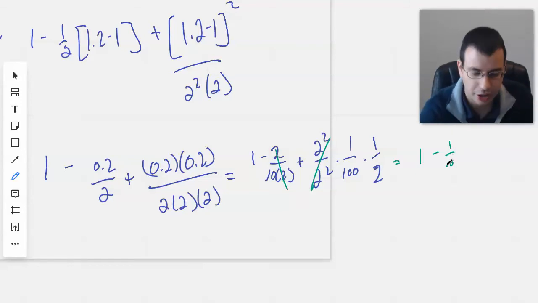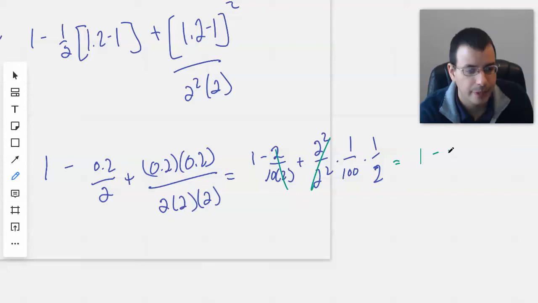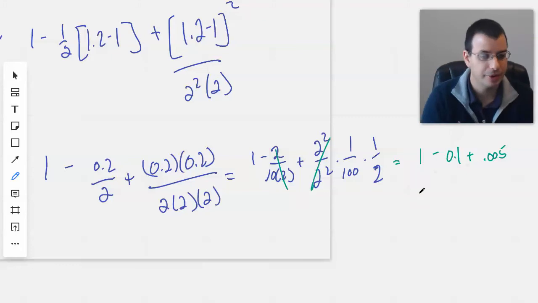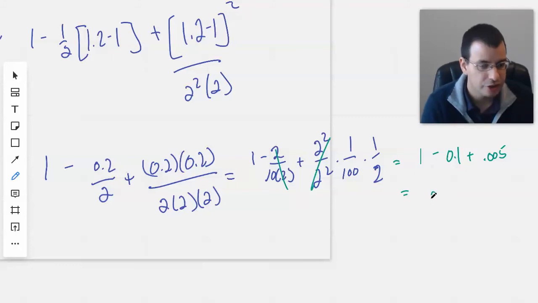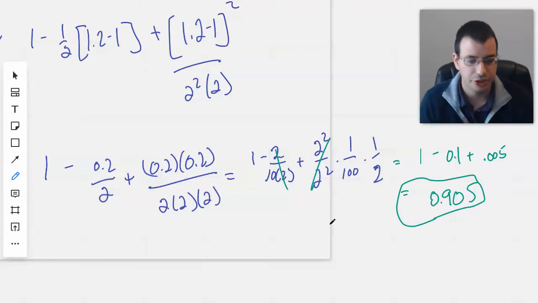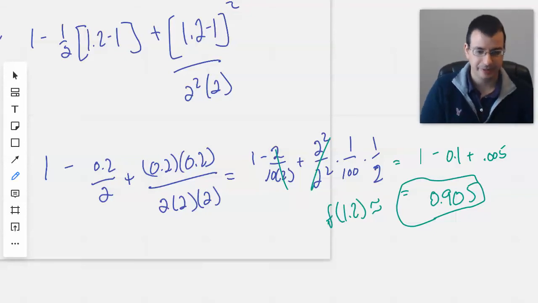I'm going to write that as 0.1, plus 1 over 200. 1 over 200 is 0.005. 0.01 is 1 over 100. Okay, so we have 0.905. There we go. Which is approximately f of 1.2. Okay? Excellent.